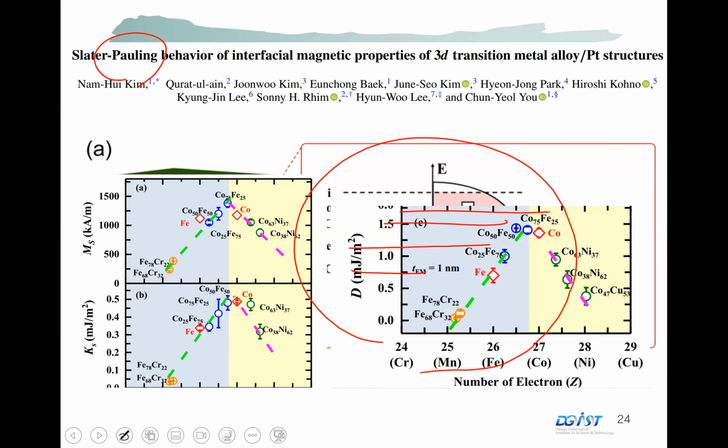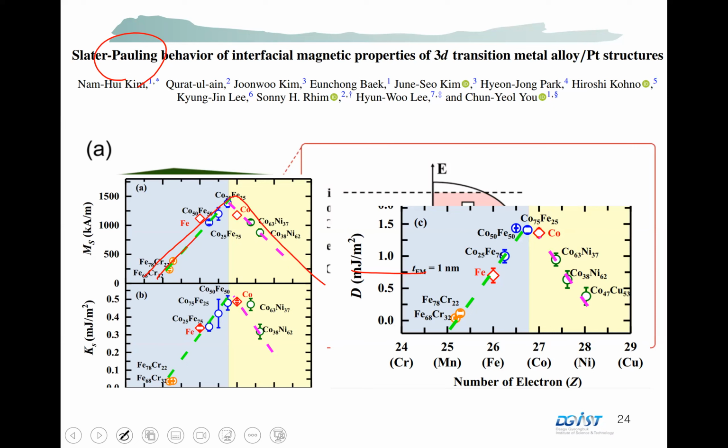I don't want to explain too many details, but this is the magnetic moment, and it should follow the Slater-Pauling curve shape. And not only the magnetic moment, but surface anisotropy and DMI energy also follow this Slater-Pauling curve. Then I can say this physical quantity is related to the number of electrons. Okay.